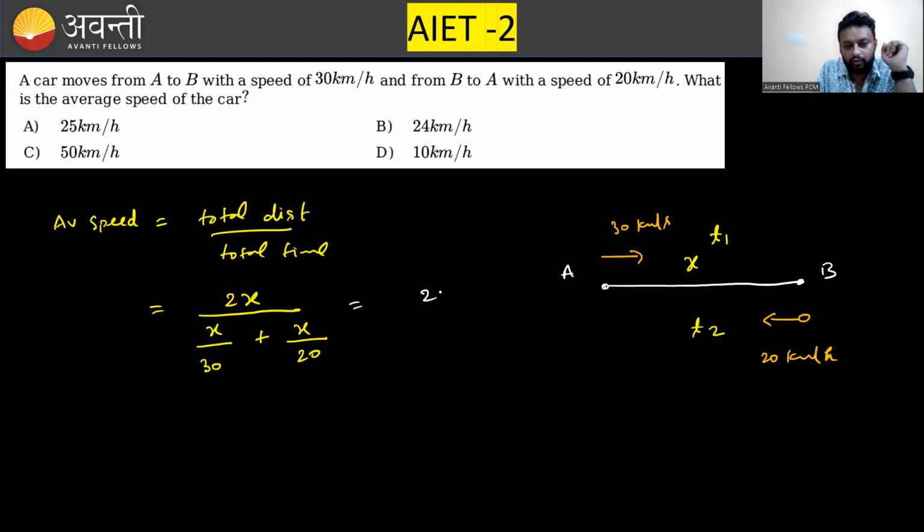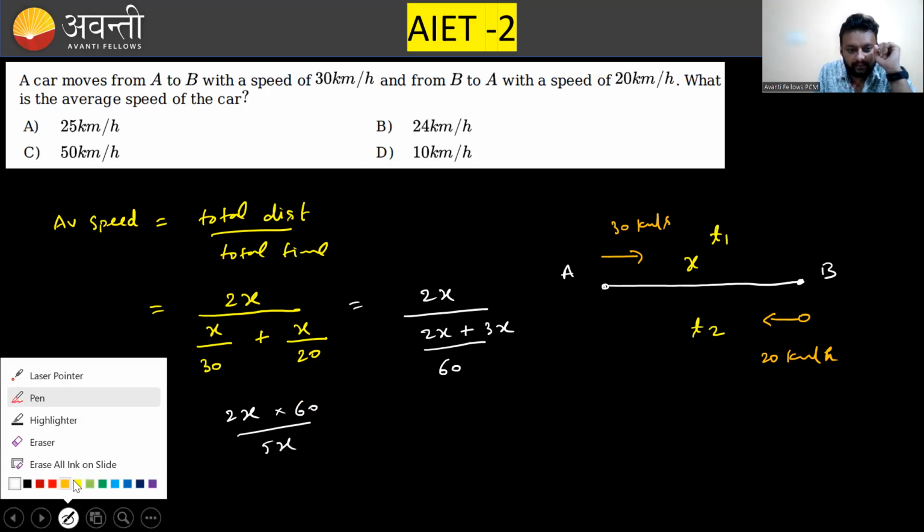What will it become? 2x divided by, if you take the LCM here, that LCM will be 60. That is 2x plus 3x. So what will it become? 2x, this 60 will go in the numerator, 2x into 60 divided by 5x. x and x can be cancelled.